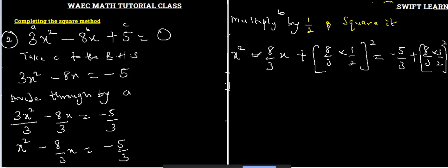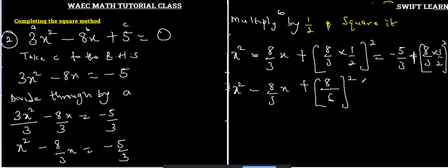I'm just picking the B alone, multiplying by 1 over 2, and squaring it. I added the same thing on the other side, the plus sign. Then just compute, multiply: 8 times 1 is 8, 3 times 2 is 6, all squared, equals minus 5 over 3 plus 8 over 6 all squared.